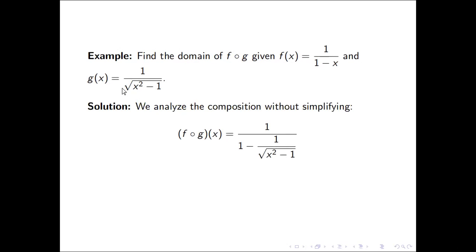You put g inside f. So you replace this x by this whole g. So replace that, you get this one. And we do not simplify that one, okay? If you simplify, you'll get things wrong. You will be including some values in the domain which are not supposed to be there.